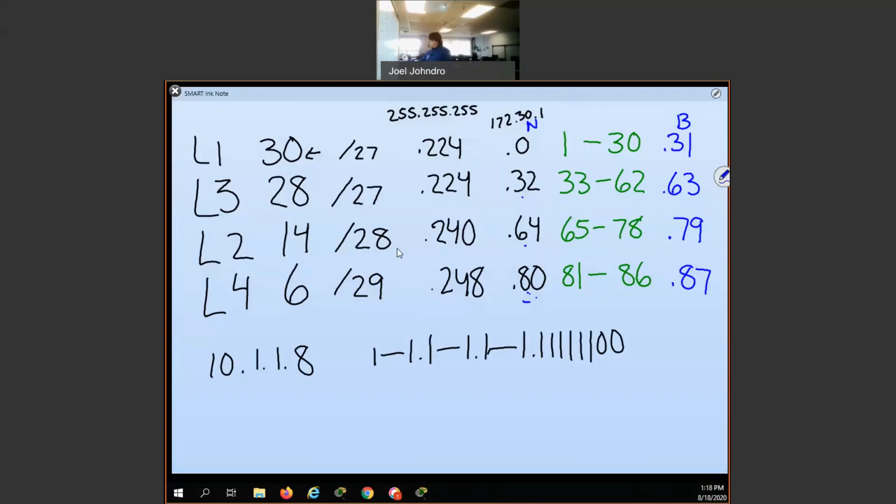Put our placeholders above here. We see that the magic number is 4. We could also have done this as 2 to the second power, which is 4. Either way, we know that the next network up is 4 above this, so it's 12, which means our broadcast is .11 and our range is 9 and 10.